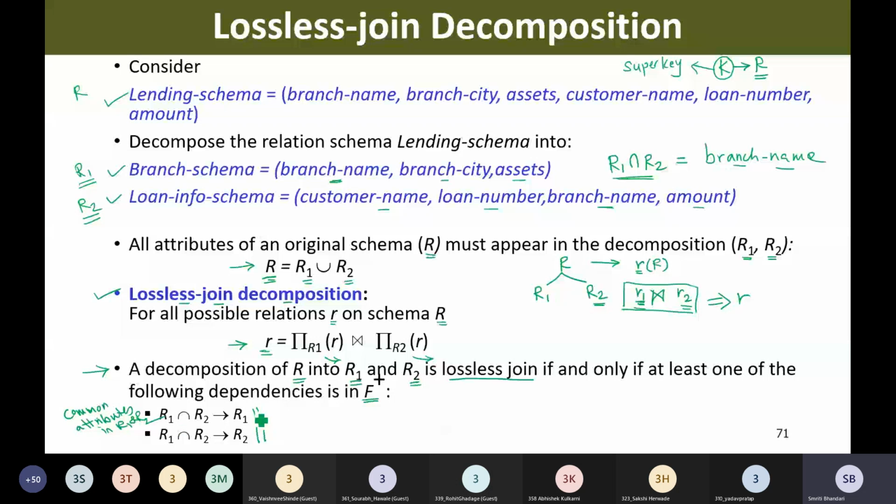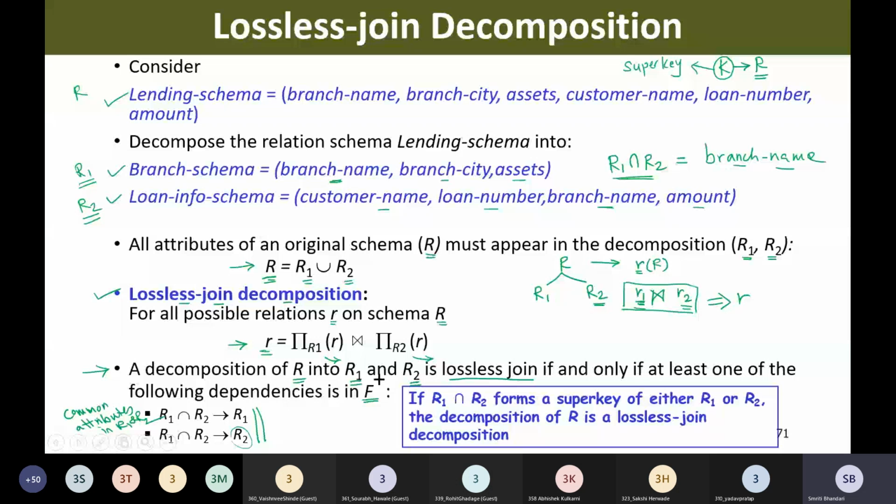So in other words, if R1 intersection R2 forms a super key of either R1 or R2, the decomposition of R is a lossless join decomposition. I'll repeat. If R1 intersection R2 forms a super key of either R1 or R2, the decomposition of R is a lossless join decomposition.